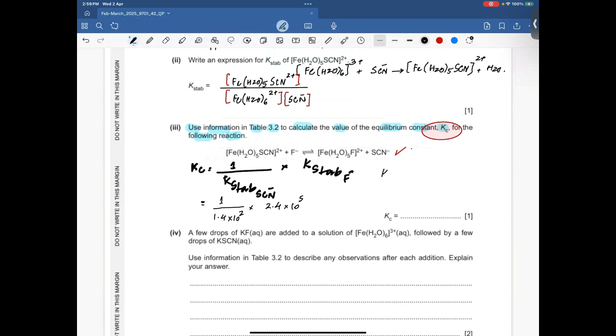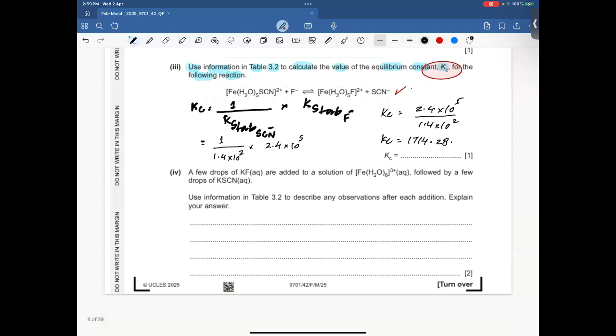So Kc equals 2.4 into 10 to the power 5 divided by 1.4 into 10 to the power 2. So the value of Kc in this scenario is going to be 1714.28, and that's my answer. I hope it makes sense to you.